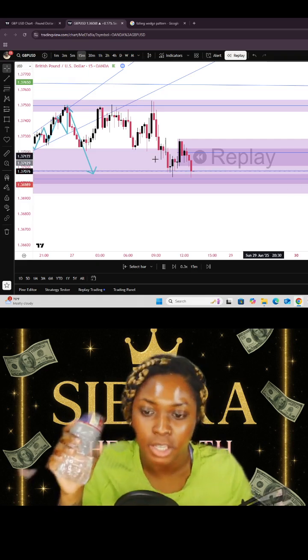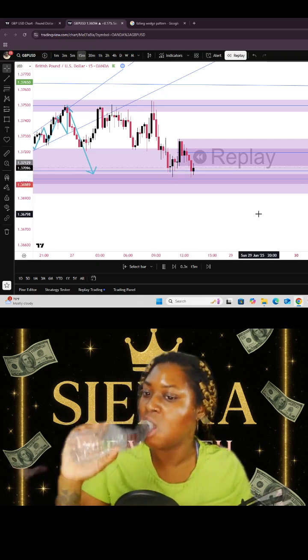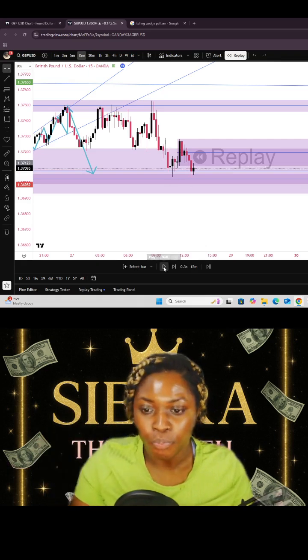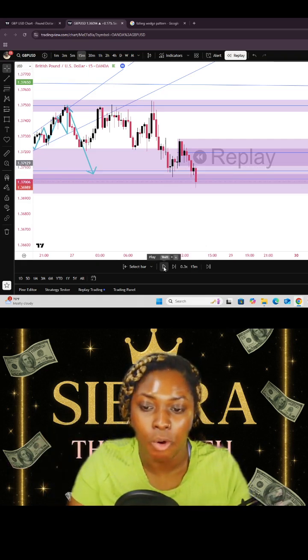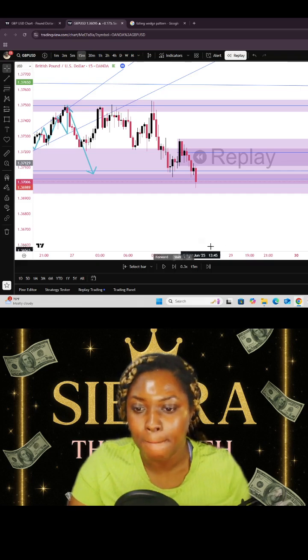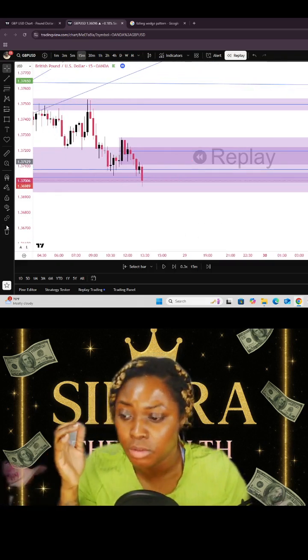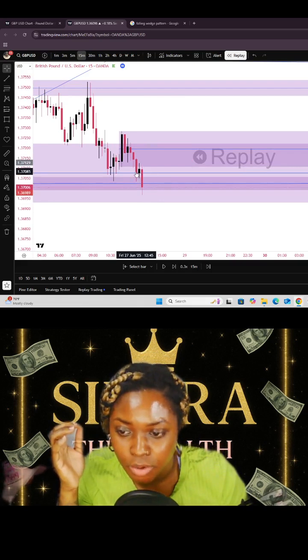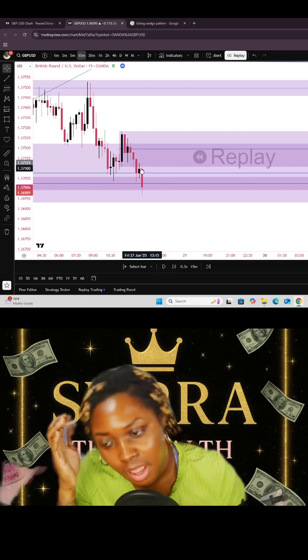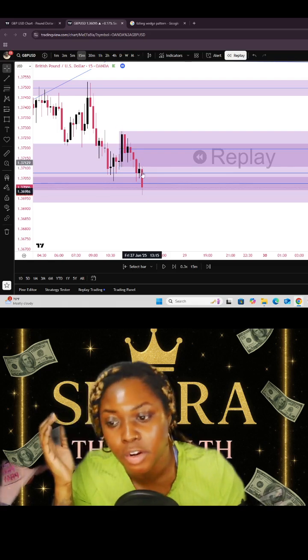And good thing we didn't take it because stop loss would have been hit. Now price is back on my zone. It tried to reject my zone again and again. And now we've closed underneath my zone.